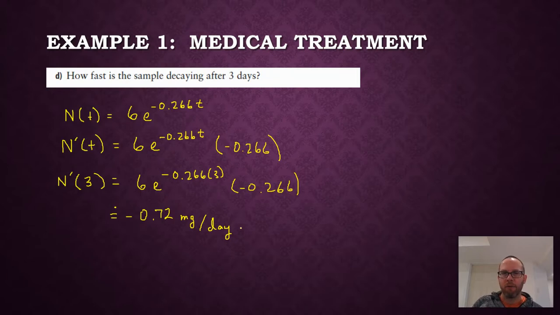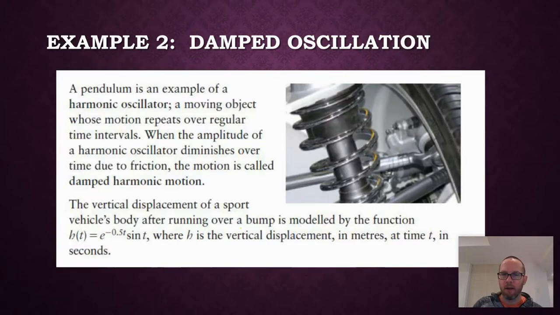Let's look at another example. This one's really interesting because it ties in exponential functions and trig functions. Because most of you guys have taken physics and have learned about either Hooke's law, learned about pendulums, and used waves to model that.